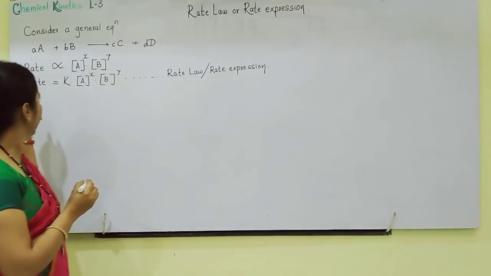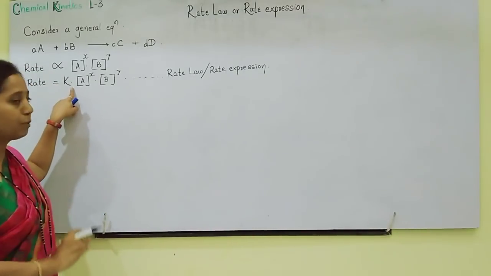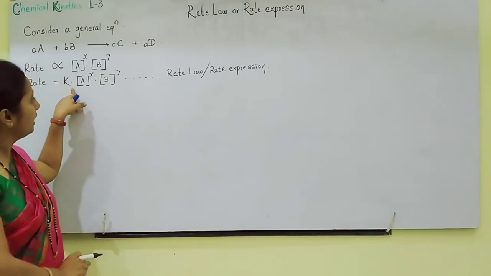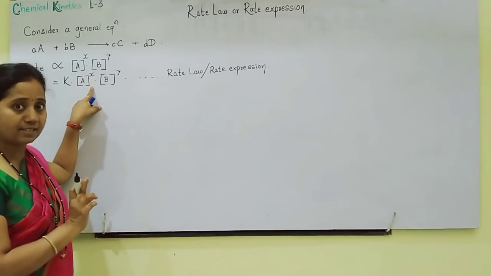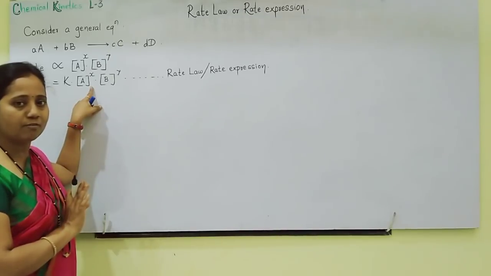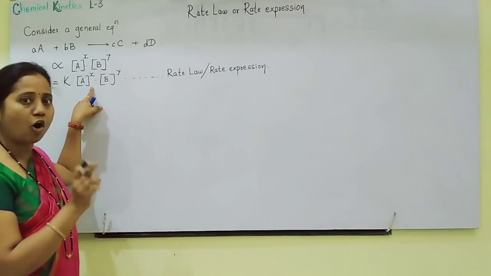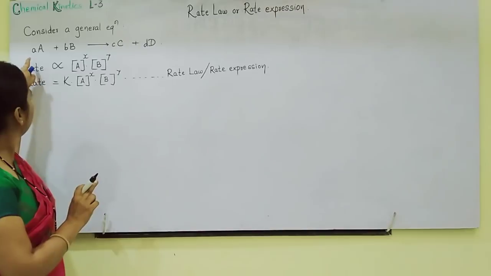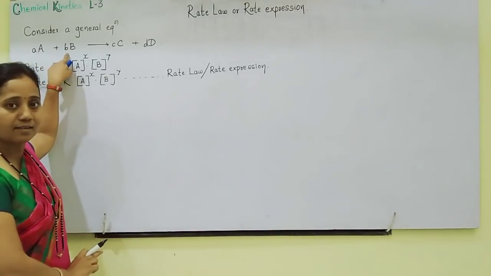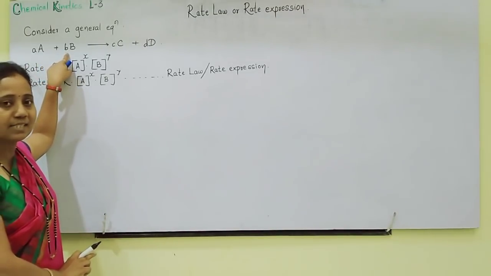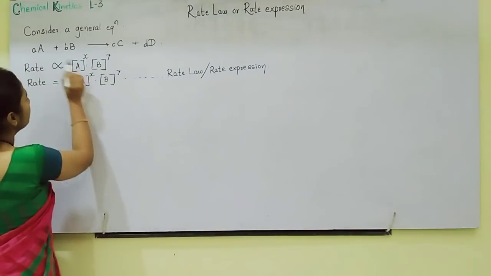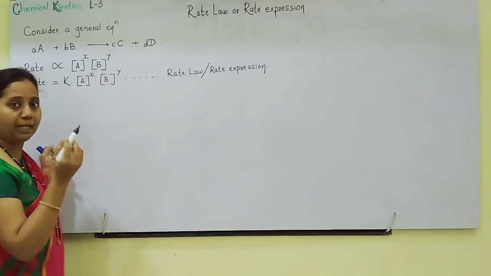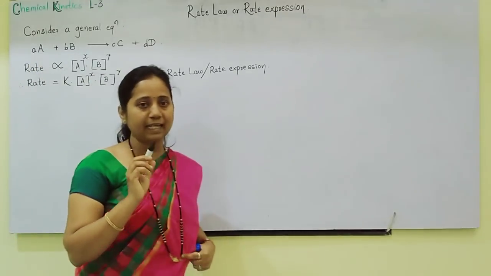This rate is equal to proportionality constant K into molar concentration of only reactants raised to some powers which may or may not be same as stoichiometric coefficients in the balanced chemical equation. These powers may be the same or may not be. Okay, so we are writing X and Y.